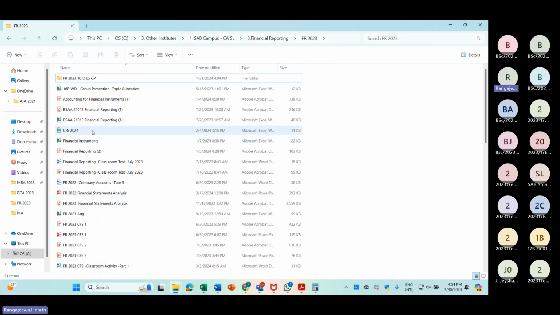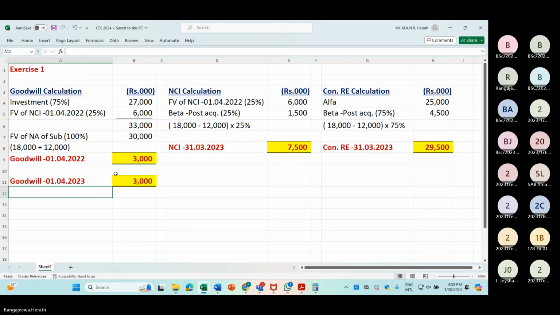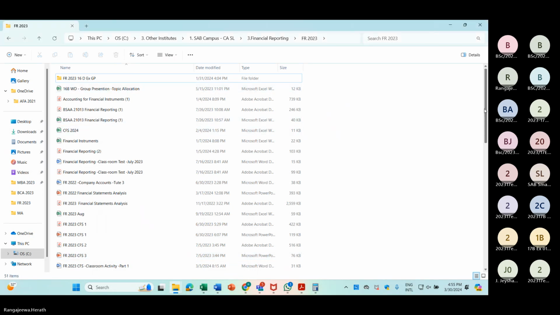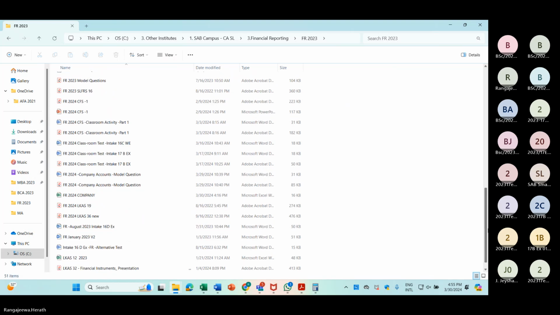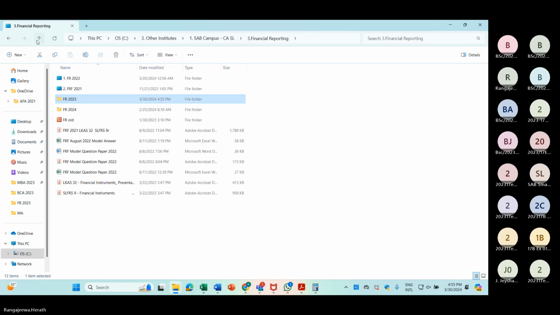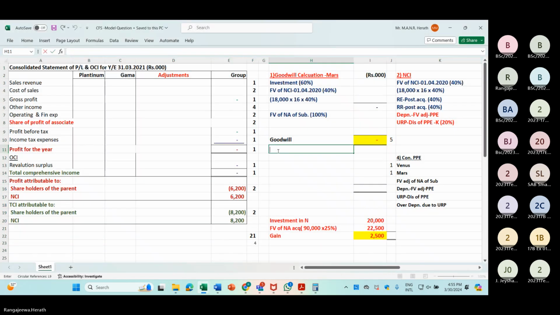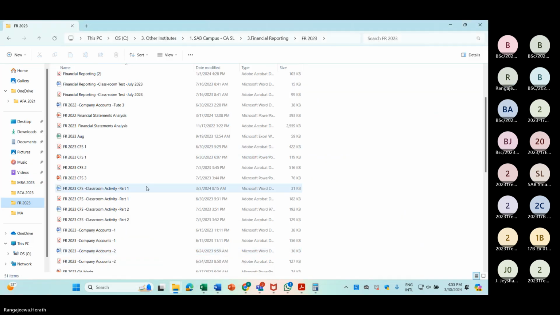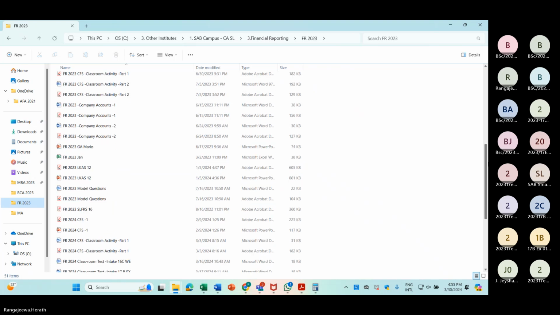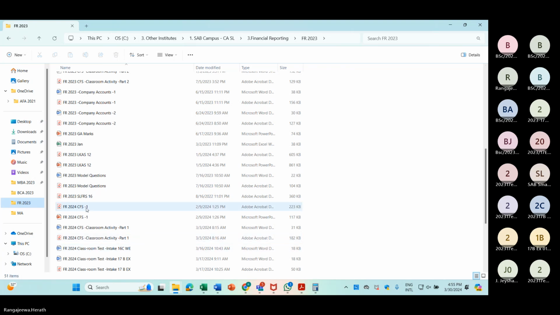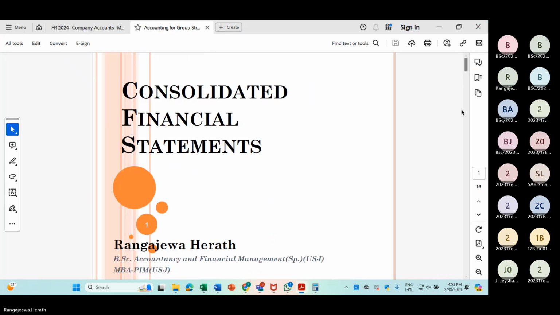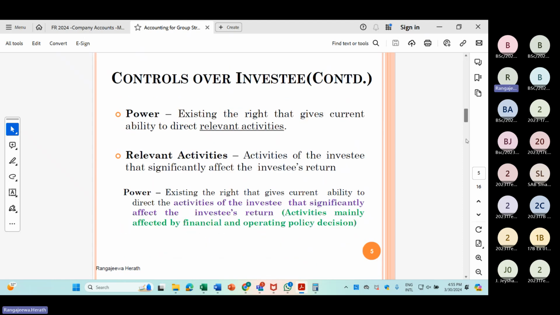So basically, you will be tested the goodwill calculation with consolidated financial statement.